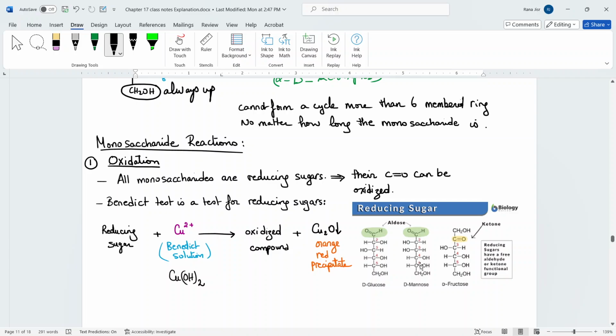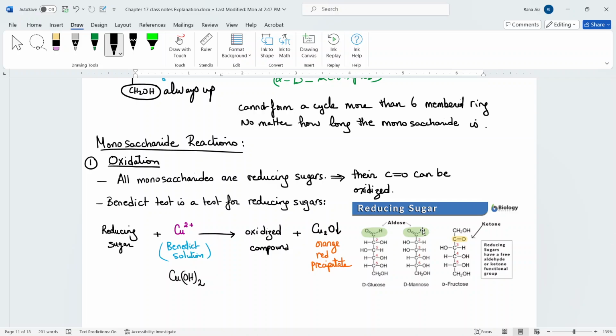Now, these are examples. We have an example of an aldose and a ketose. Aldoses have aldehydes in there. We know that aldehydes can be oxidized into a carboxylic acid, right? So the hydrogen will turn into an OH. So this is going to be a positive test.